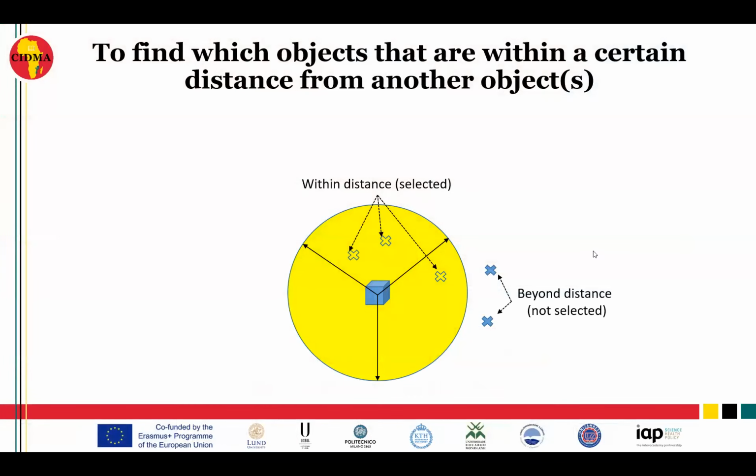So this operation is to let the program select objects that are within a certain distance of another object. In this case, this could be a nuclear plant or something, and I want to search out and find all the houses that are within a certain distance of the nuclear plant or industry.